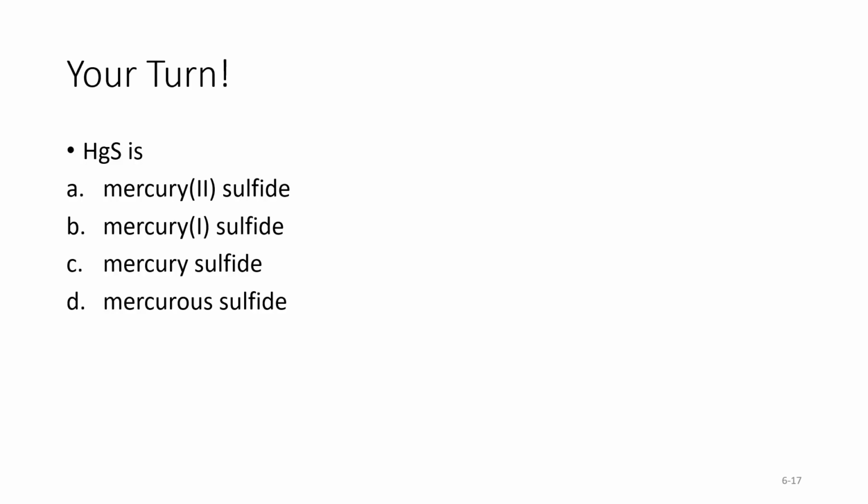Okay, so go ahead and pause, try to figure this one out. All right, this is mercury 2 sulfide. Why? So when we flip up our charges, we have Hg plus and S minus.